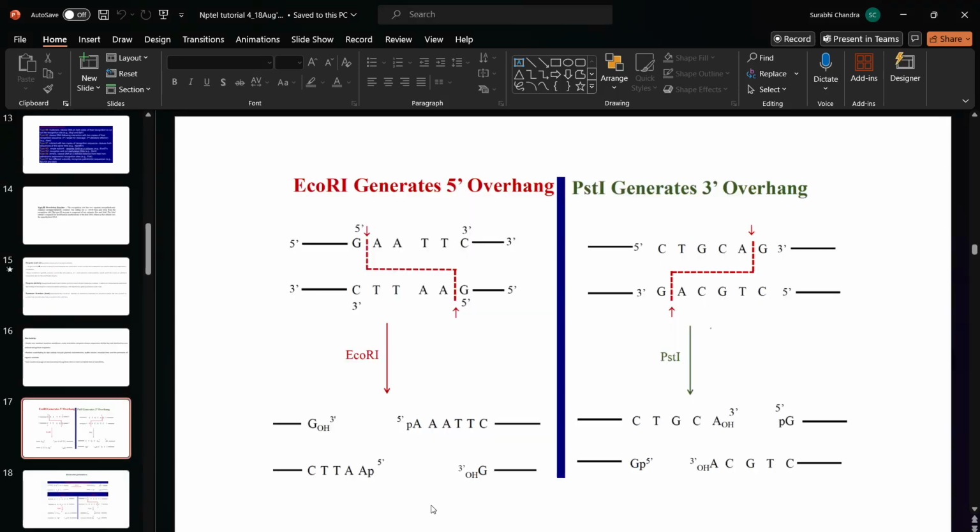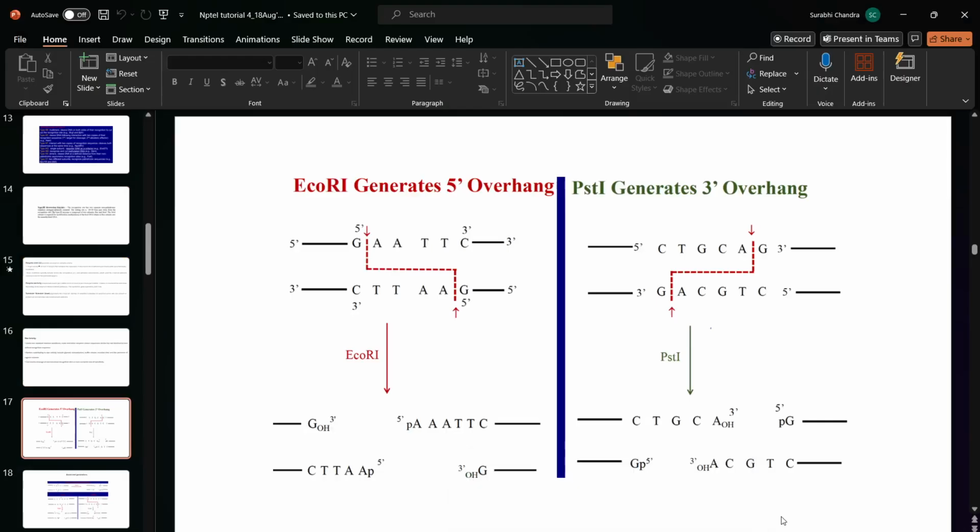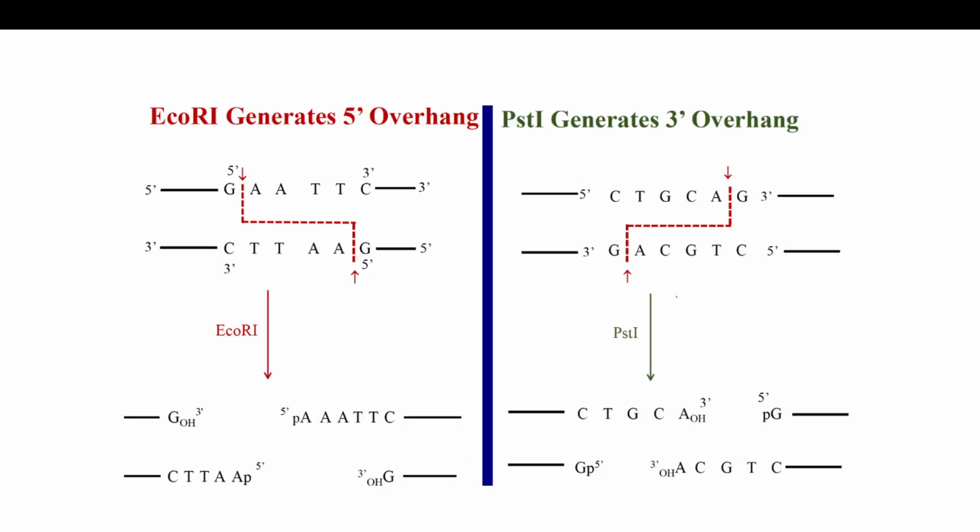Can someone try? Okay, so in this case, recessed means there's a break or a gap. So this is a 3' recessed end that has been generated. These are 5' protruding ends or 3' recessed ends.